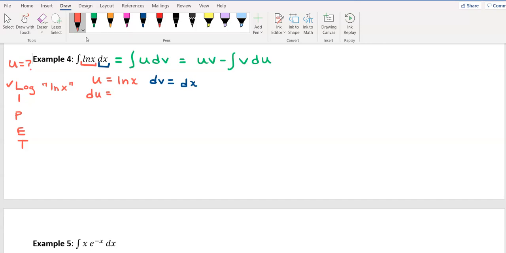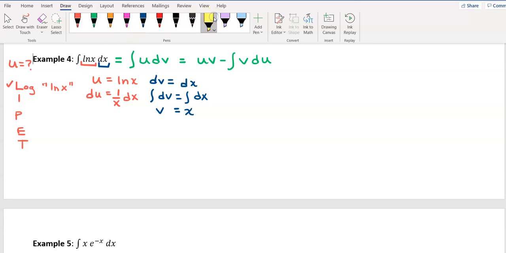So the derivative of ln is 1 over x dx. And then we'll take the antiderivative to get to our v. So that's going to be x. And again, you don't need your constant of integration. We'll do that at the very end.